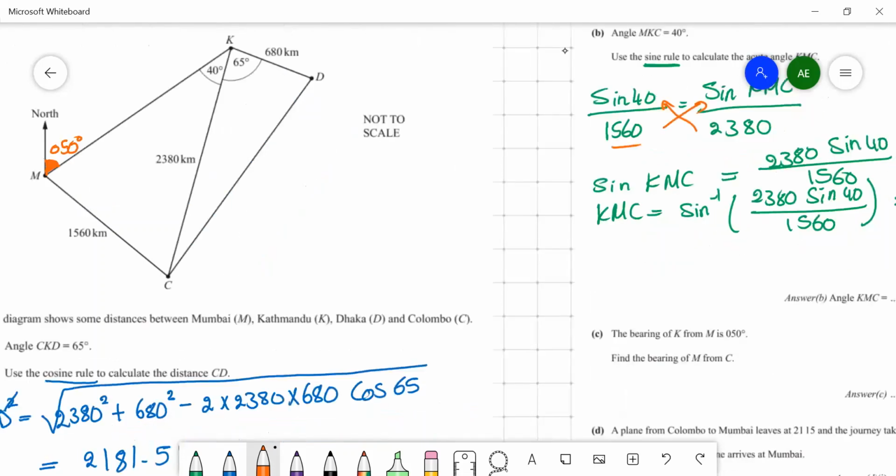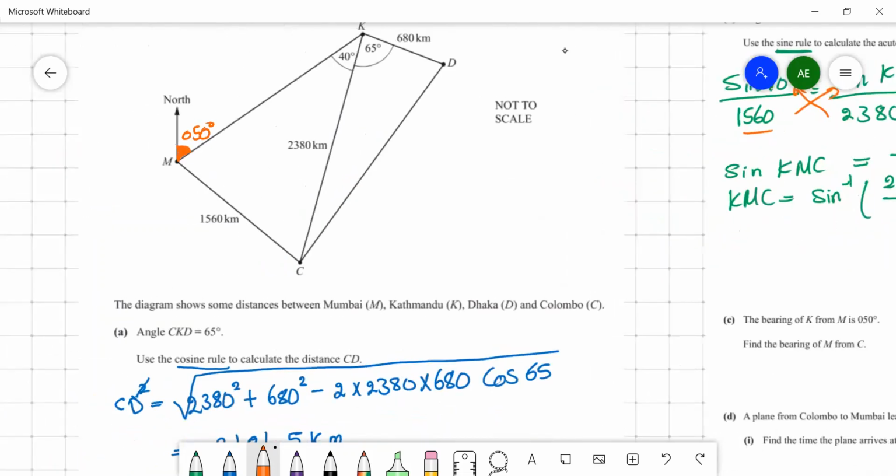Find the bearing of M from C. Right, from C we are going to draw the north direction. Now we need to find the clockwise angle from the north direction to the line joining the two points M and C. So we need to calculate all these angles.